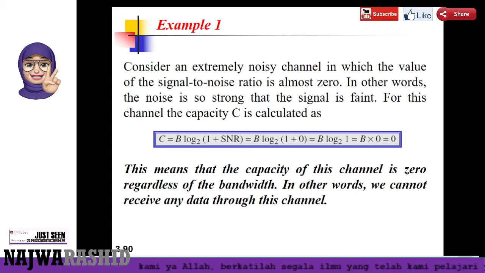B times log 1 base 2 is B times 0, equal to 0. This means that the capacity of this channel is 0 regardless of the bandwidth, because 1 plus 0 equal to 1, and log 1 base 2 equal to 0. So in other words, we cannot receive any data through this channel.